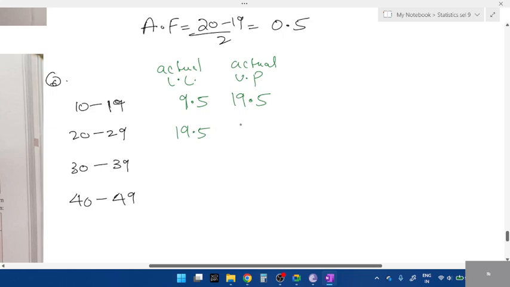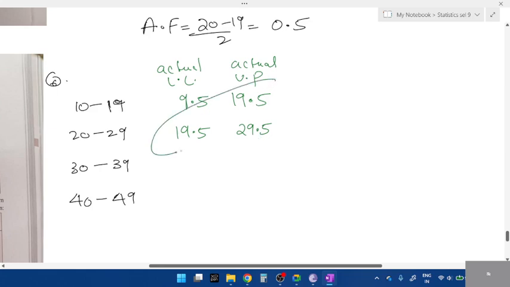Next. For the lower limit, you have to subtract. For the upper limit, you have to add. If you're giving the wrong answer, it means you didn't go through the previous class. You'd better leave and watch that. You want to leave or continue? How many times do I tell students? Lower limit, you have to subtract. Upper limit, you have to add.